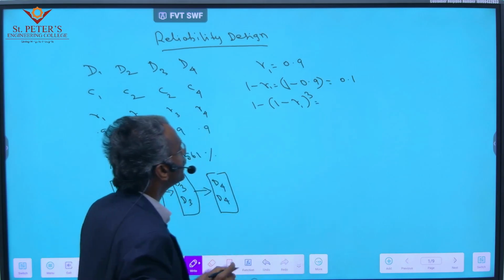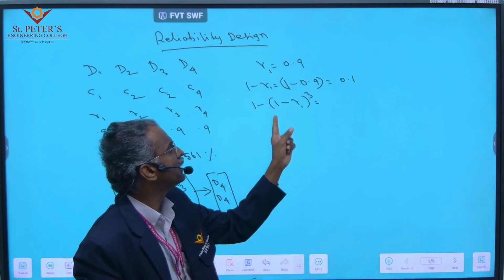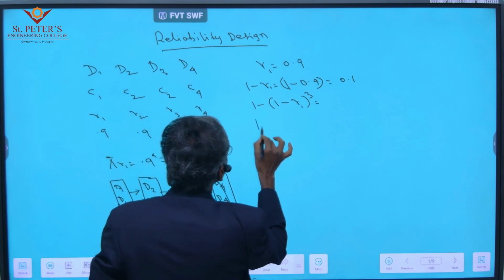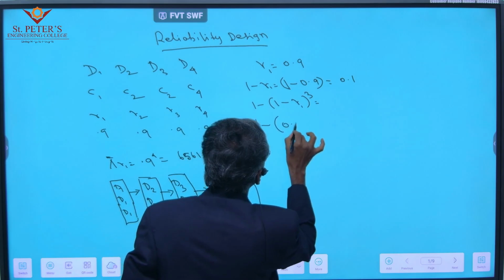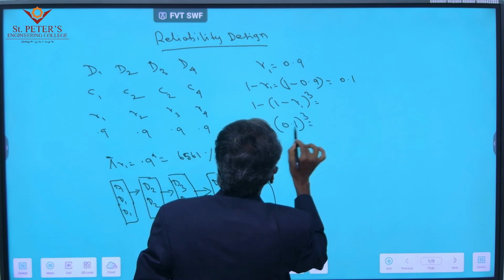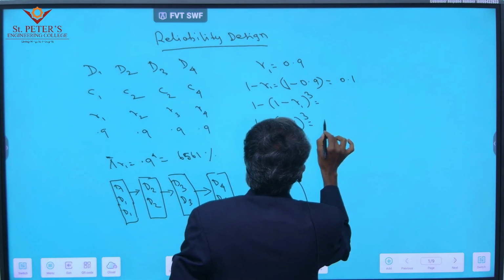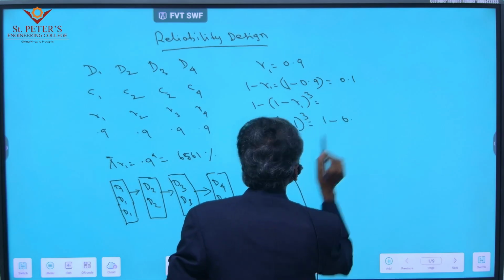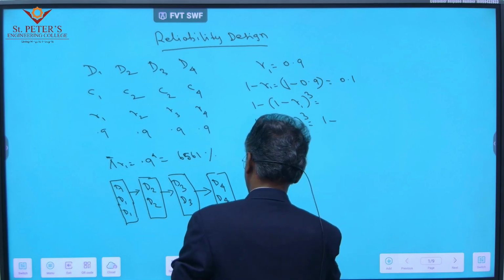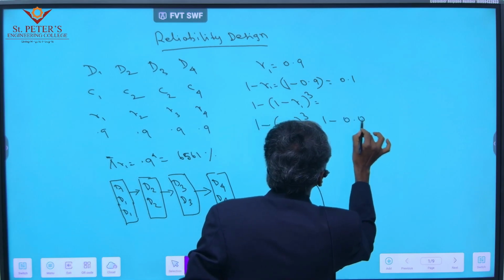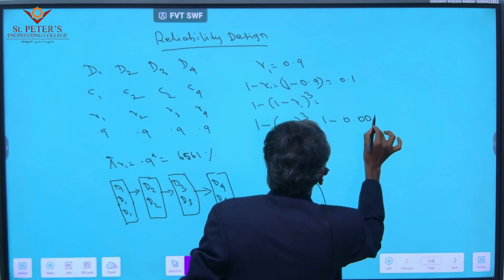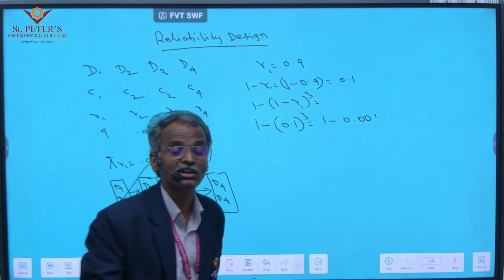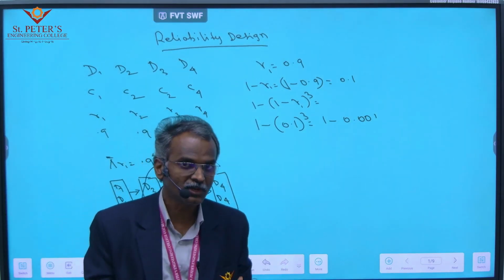What is this? We know already 1 minus R1 is 0.1. So here it is 0.1 to the power of 3, that means 0.001. So this is the failure rate for 3 copies of first device.